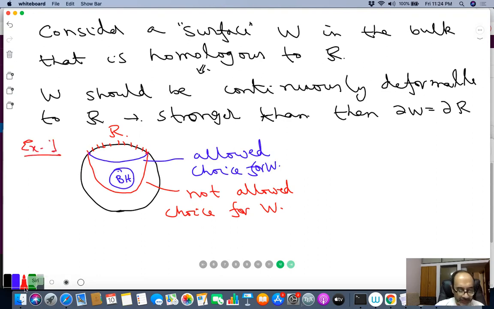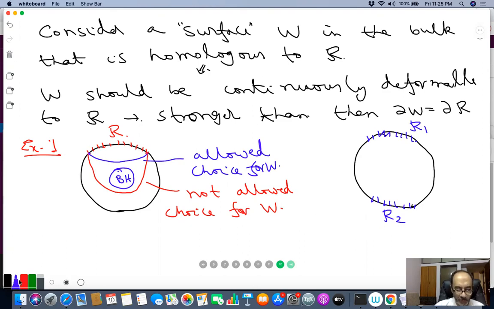Example 2 we had already seen earlier. Let me draw this again. So you could have R which is disconnected. So you can have R1, R2.